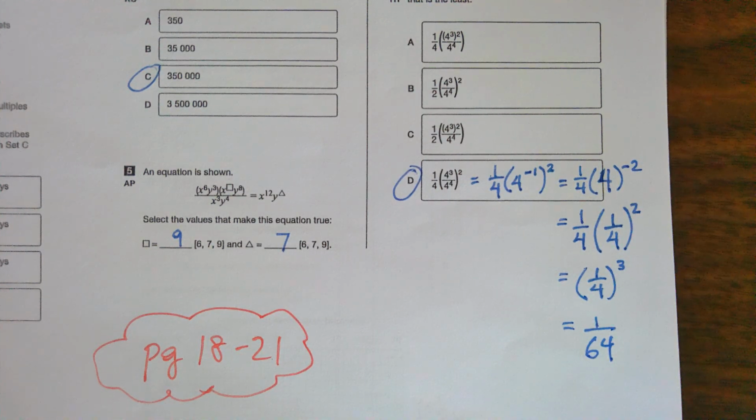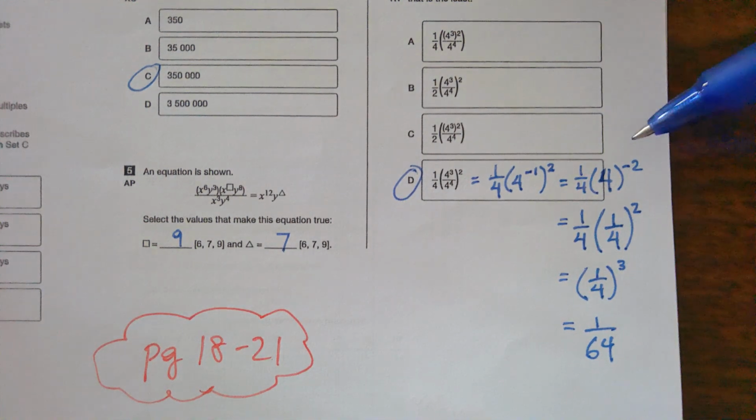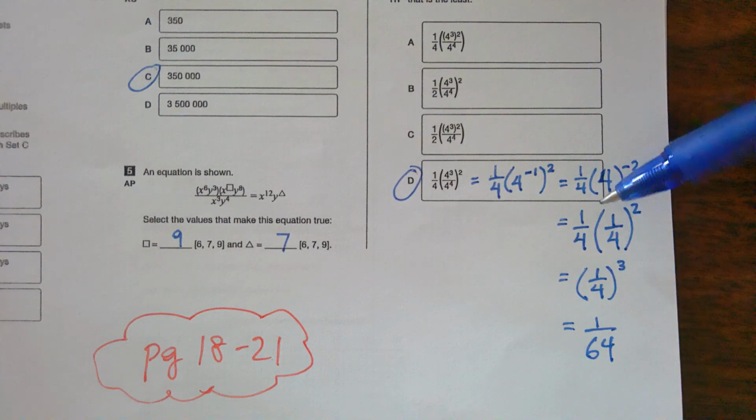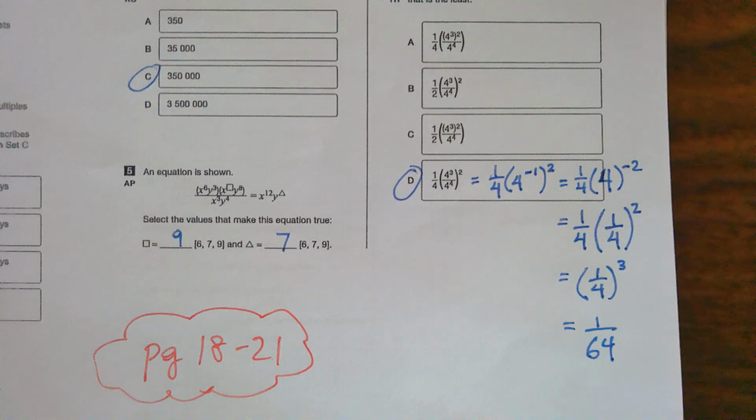So exponent rule and also negative exponent rule. So this is a good review question. Negative exponent means to flip the base. Does the negative exponent make the fraction negative? No. Right, so remember that. It only flips the base.